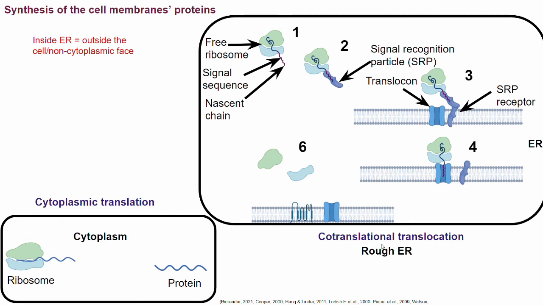Co-translational because there are two organelles responsible for the translation, ribosomes and endoplasmic reticulum. Translocation because the process of translation moves from the cytoplasm to the endoplasmic reticulum. This is the most common type of translation in eukaryotic cells. There's another type called post-translational translocation, but it's not that common in eukaryotic cells.